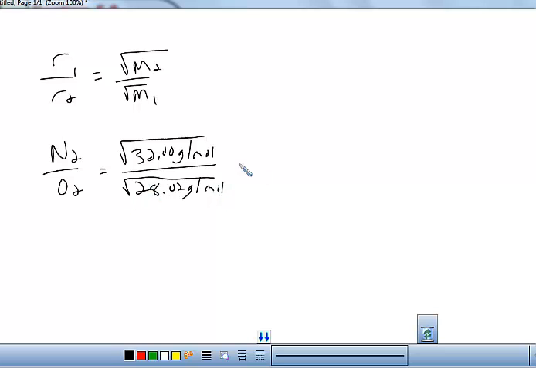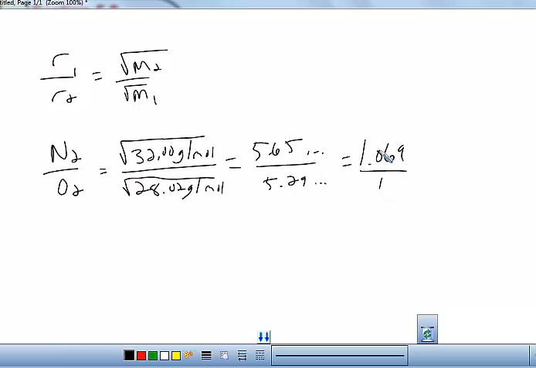So we need to take the square root of those. If I take the square root of this, it's 5.65, and so on. If I take the square root of this, it's 5.29, and so on. I divide those two numbers. Actually, you need 4 sig figs, so there's more here that I'm not writing. But I get 1.069 to 1.